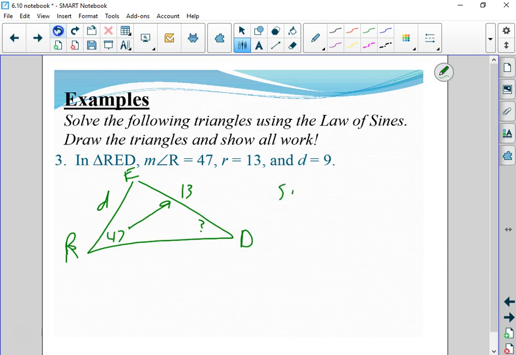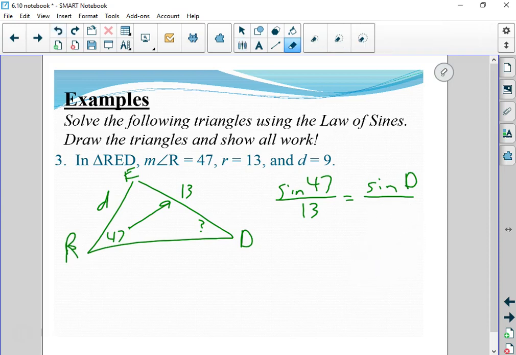So again, sine of the angle 47 over its opposite side is equal to sine of D over the length of side d. Of course, I don't know what I'm thinking. We can't have that many unknowns, and we already know what d is. We know that d is 9. So let's fill it in properly.